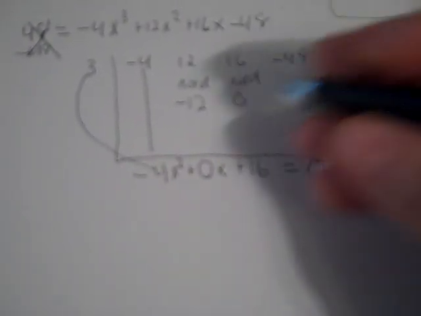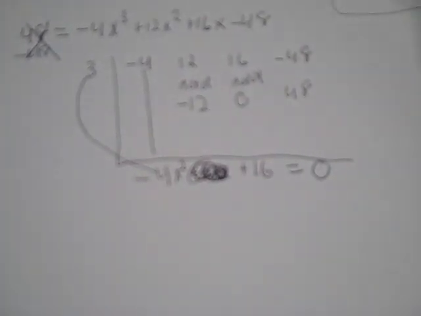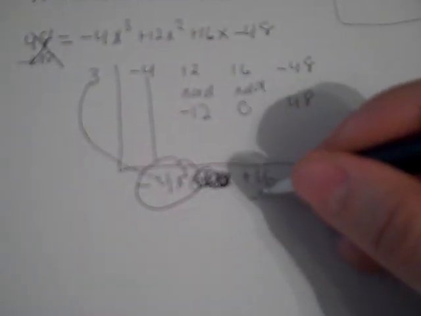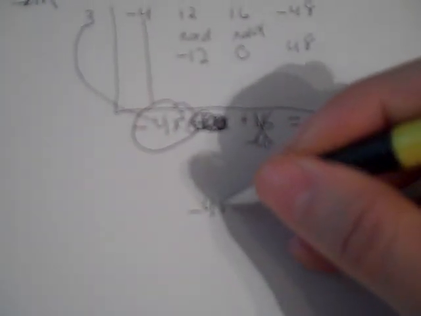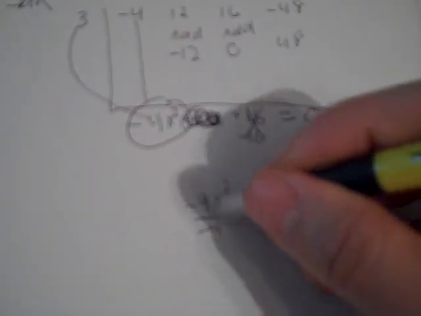Now, since I have 0x, I can take that out. And since I have x squared only, I can isolate x squared. So I need to undo the plus 16 by minusing 16. That would be negative 16. And then I divide by negative 4.